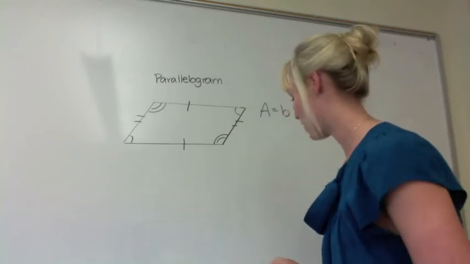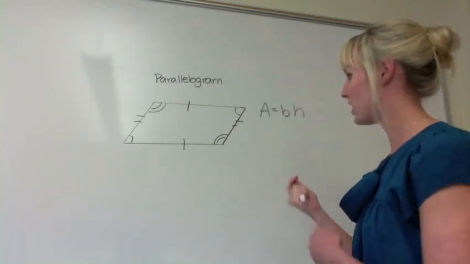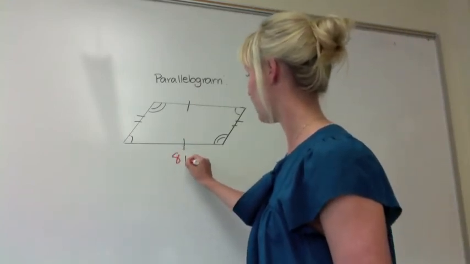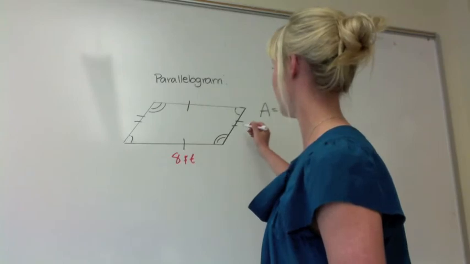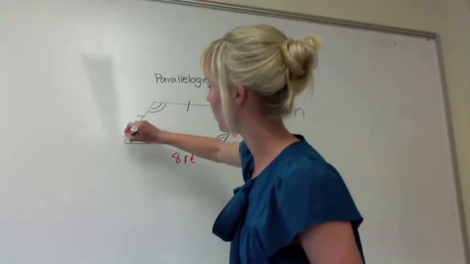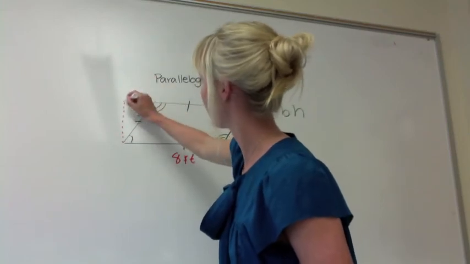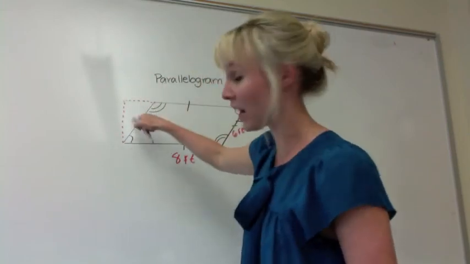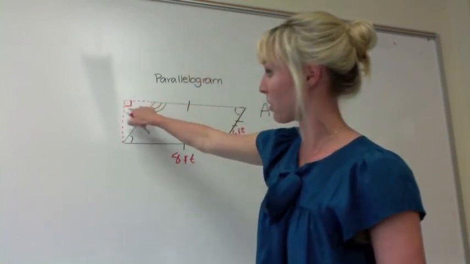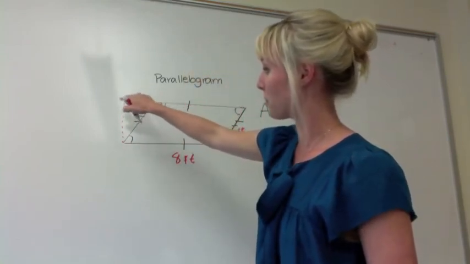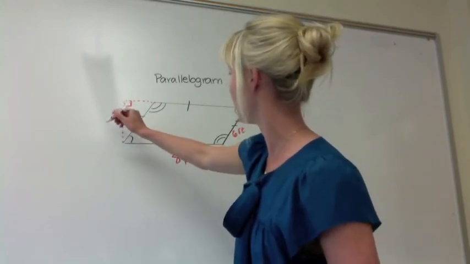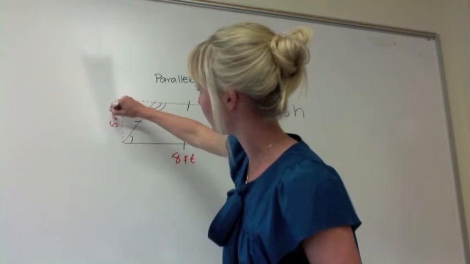So let's suppose you were given that this side length down here was 8 feet, this side length was 6 feet, and then this one, which obviously is not a part of that parallelogram, but which has perpendicular lines creating it, this side length was, let's see, 5 feet.